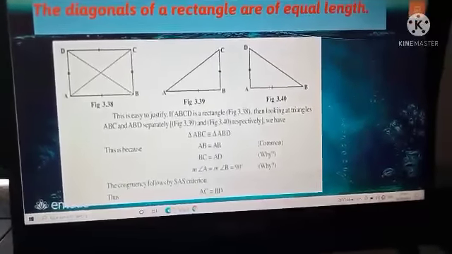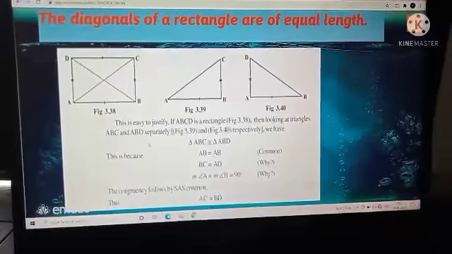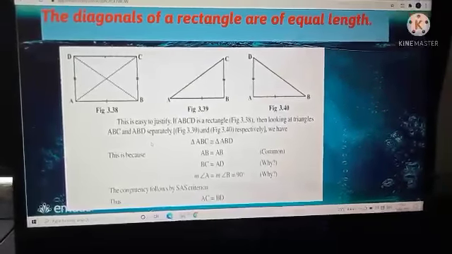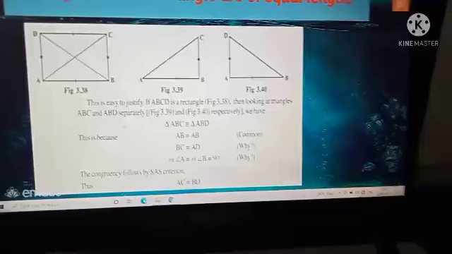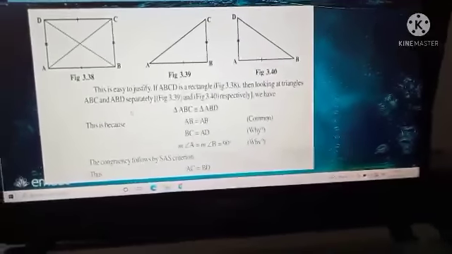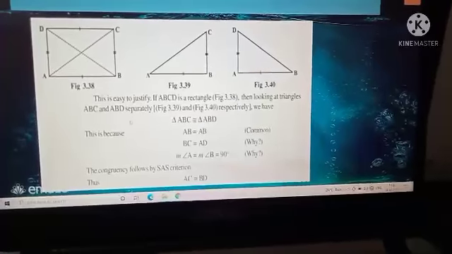So, we cut the rectangle ABCD into two triangles ABC and ADB or ABD.